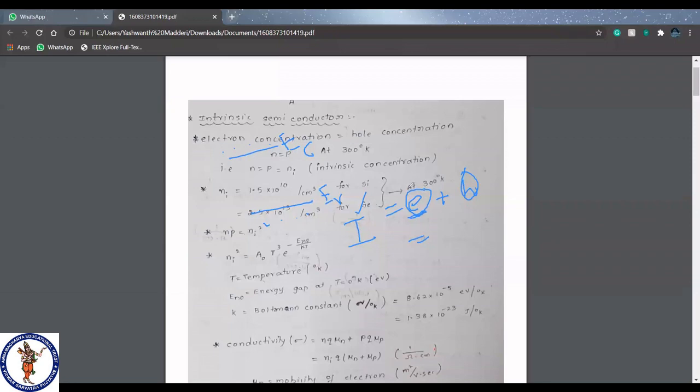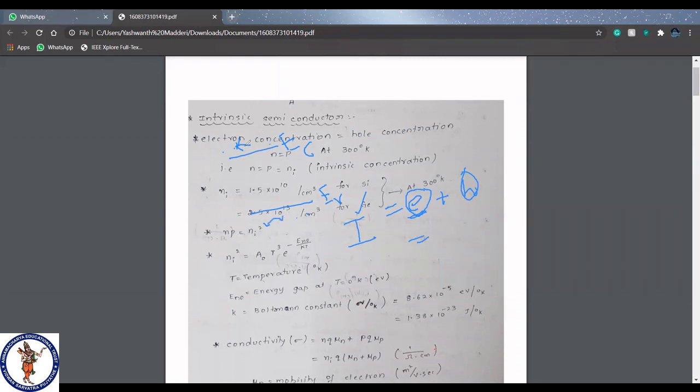But there is one more thing, the mobility. What I told last class, mobility is nothing but how fast an electron or a hole moves from one place to another place. The drift velocity of the electron is very high compared to the hole. A hole will move very slowly.